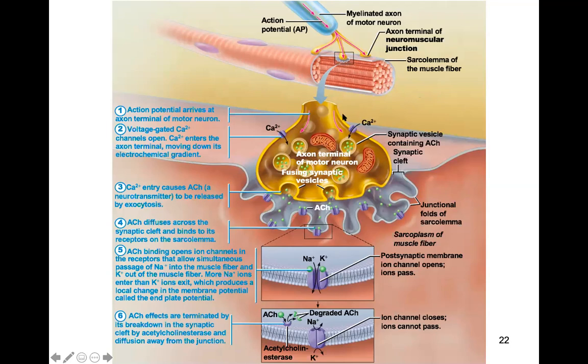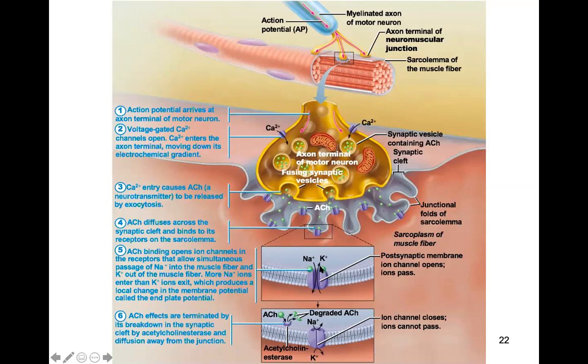Upon that, you have exocytosis of the vesicles that carry the specific neurotransmitter called ACH. ACH has the capacity to bind to specific channels located on the sarcolemma of the skeletal muscle.